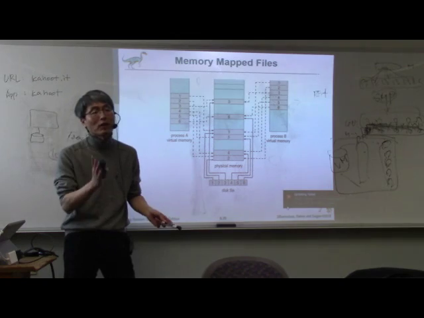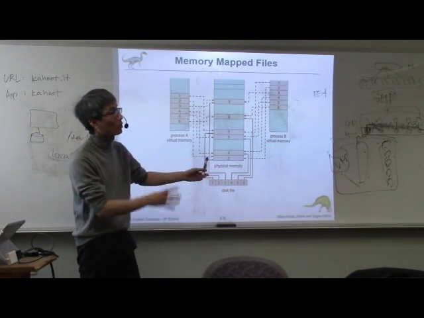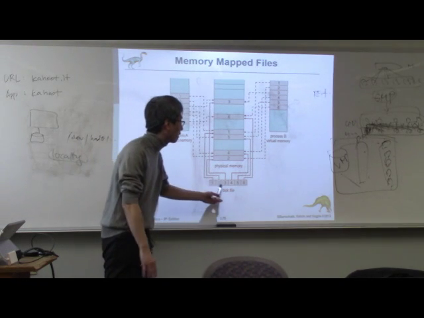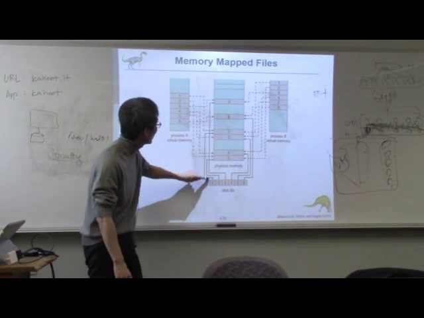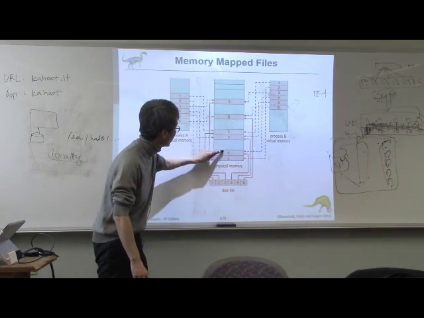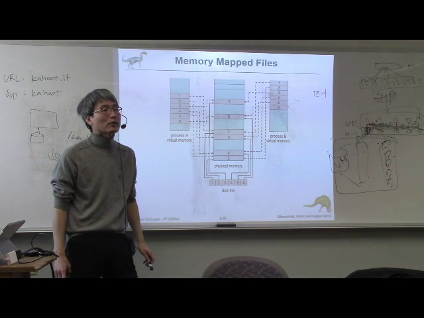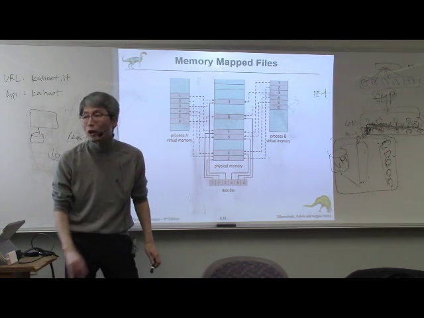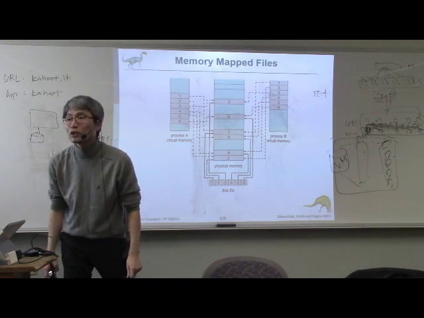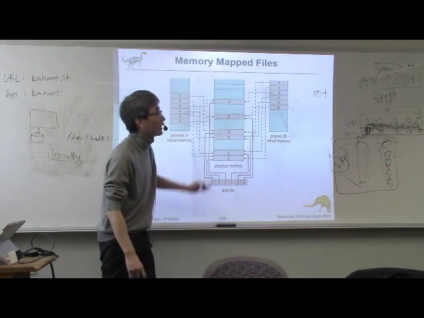Even for data file I/O, some operating systems use this. The Windows API and the Linux API use this approach. This one is directly mapped to the physical memory frame, instead of the memory structure, without using the virtual memory concept. So they are mapped directly.